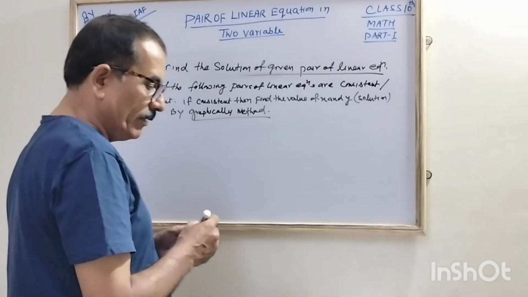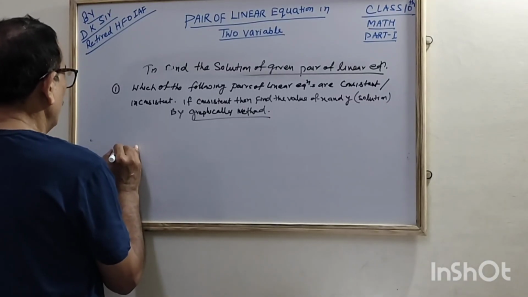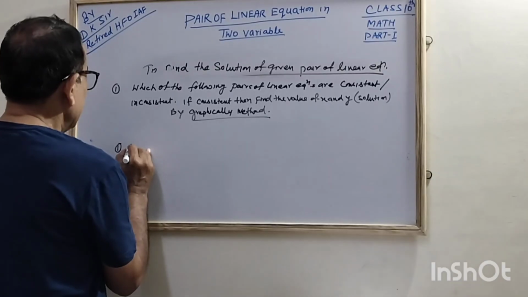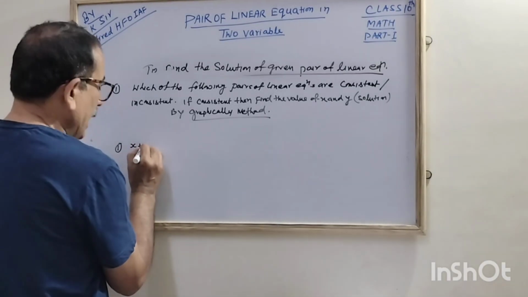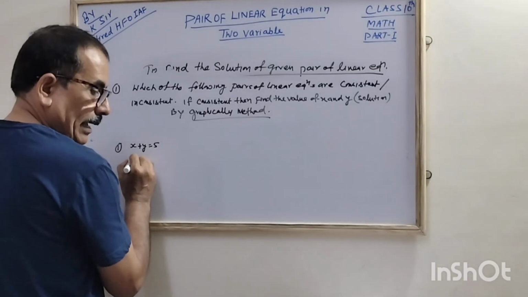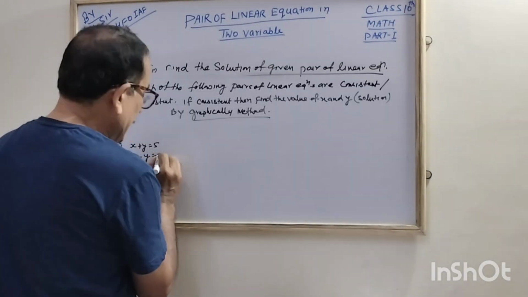The first question we are going to take: the pair of linear equations I have taken is x plus y is equal to 5, and the second equation is x minus y is equal to 8, correct?